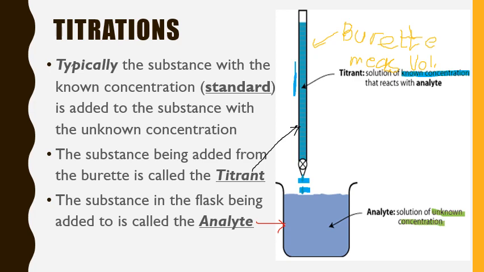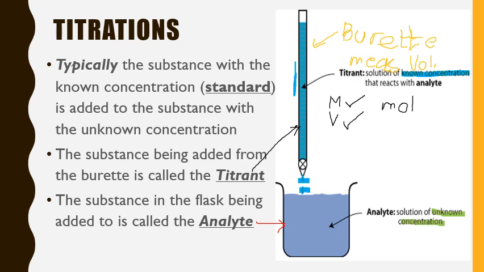And remember, we will take the thing that we know the concentration of, the titrant, so we know the molarity. We will be able to measure the volume, and using those two things, we can calculate the moles.